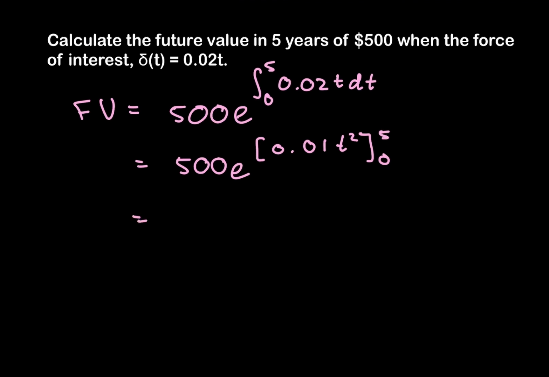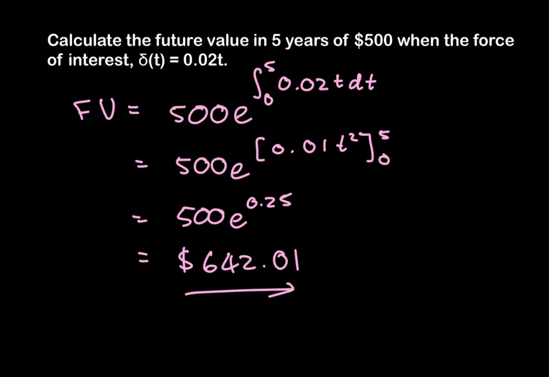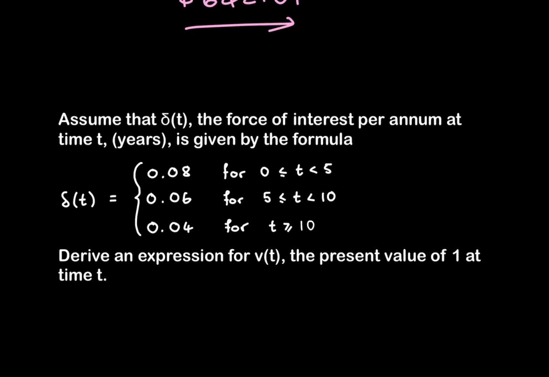So if we substitute 5 in, we get 5 squared, which is 25, times 0.01, which becomes e to the 0.25, and then we subtract in this exponent 0.01 times 0 squared, which is just 0, so we can leave that. But now obviously we want to express it as a monetary value, so we have dollars, and if you type that in your calculator, you should get $642.01.